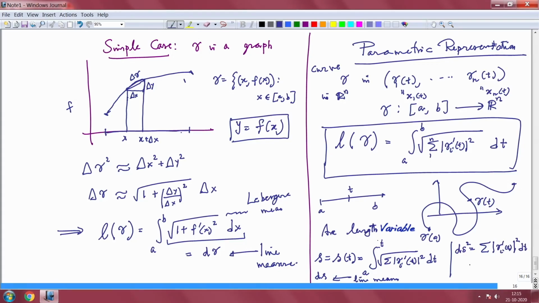This is also sometimes written as the summation of d x i squared or d t i squared, depending on which variable you are using. So, you can have this arc length variable.